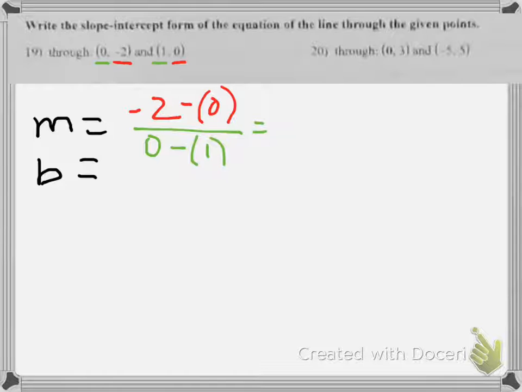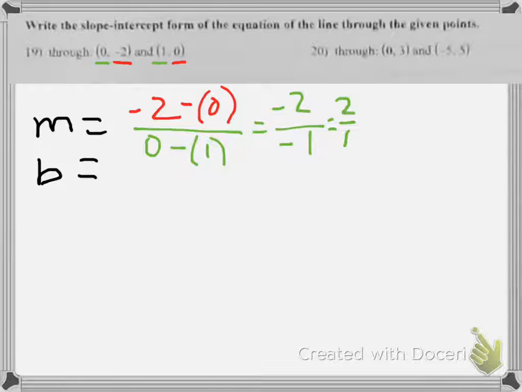So now, -2 minus 0 gives me -2, and 0 minus 1 gives me -1. Quick reminder that whenever we have fractions, we always have to simplify. So a negative and a negative will give us a positive, so we'll get +2 over 1, and that'll be our slope.